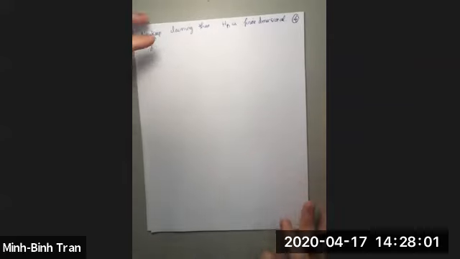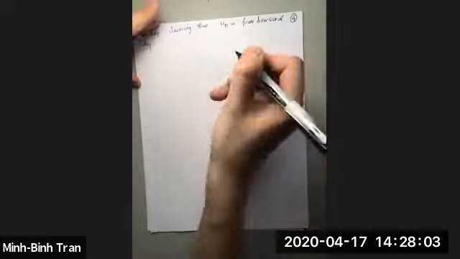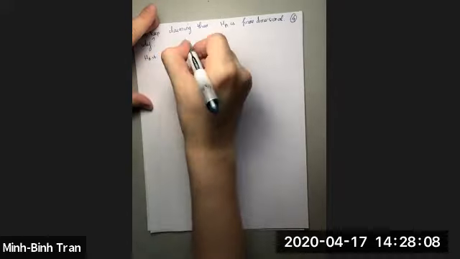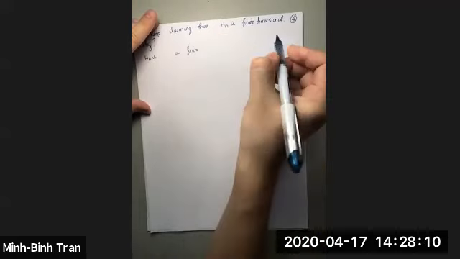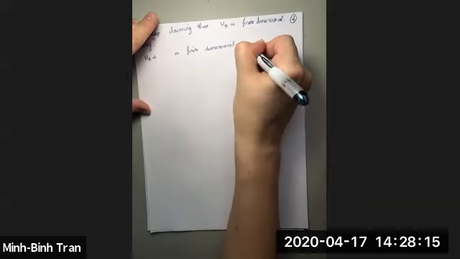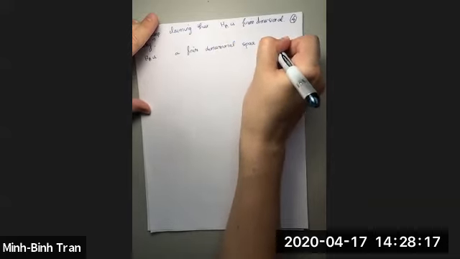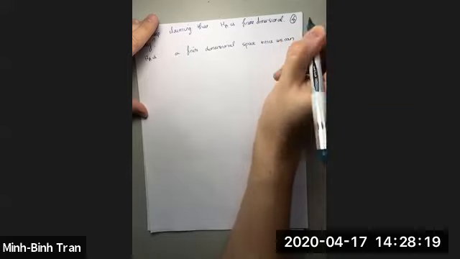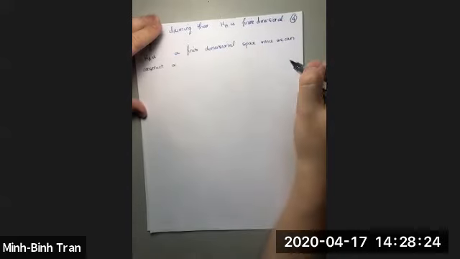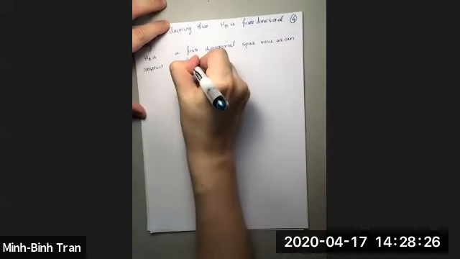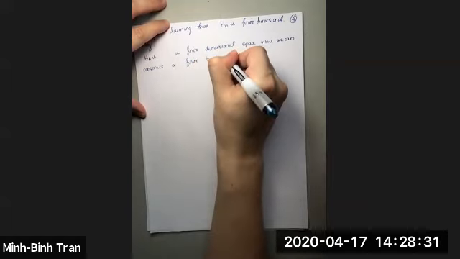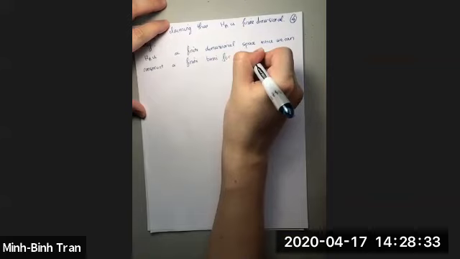Why? So basically VH is a finite dimensional space, since we can construct a basis, a finite basis for VH as follows.